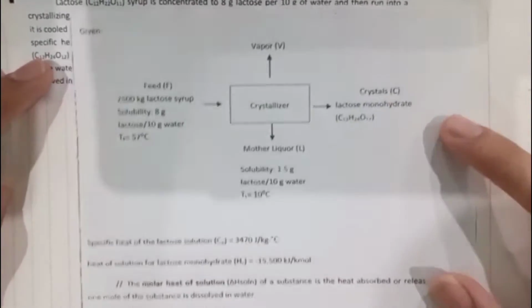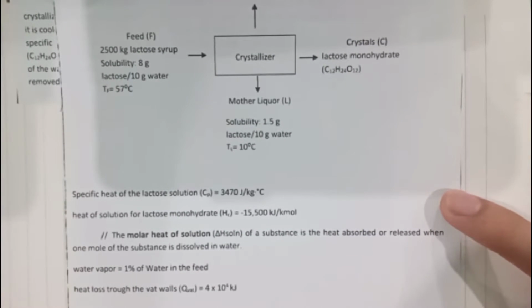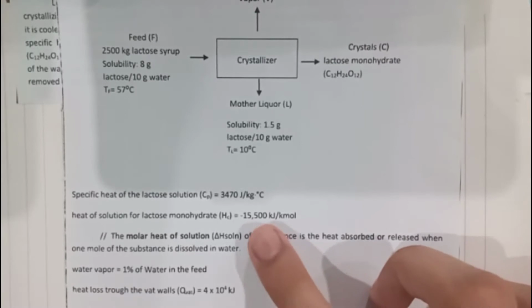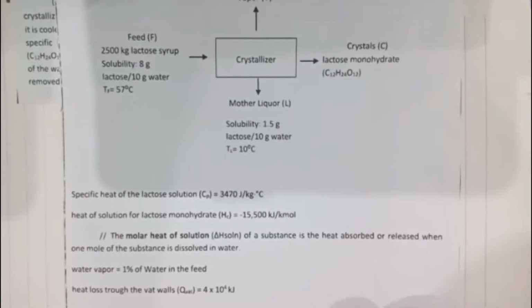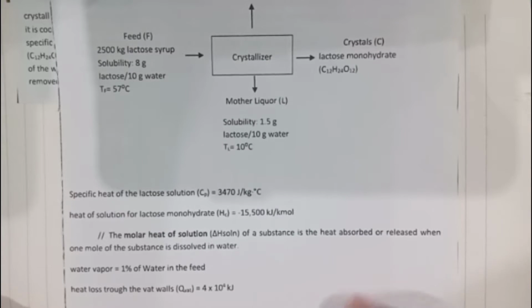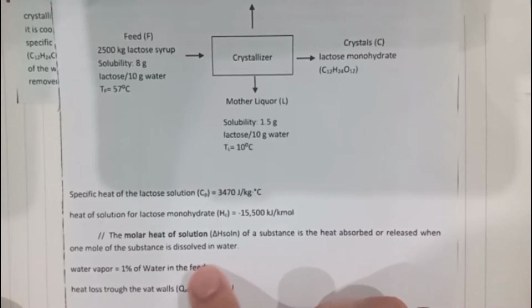We were already given the specific heat of lactose solution at 3,470 joule per kilogram per degree Celsius, and the heat of solution for lactose monohydrate is negative 15,500 kilojoule per kilomole. The molar heat of solution of a substance is the heat absorbed or released when 1 mole of the substance is dissolved in water.